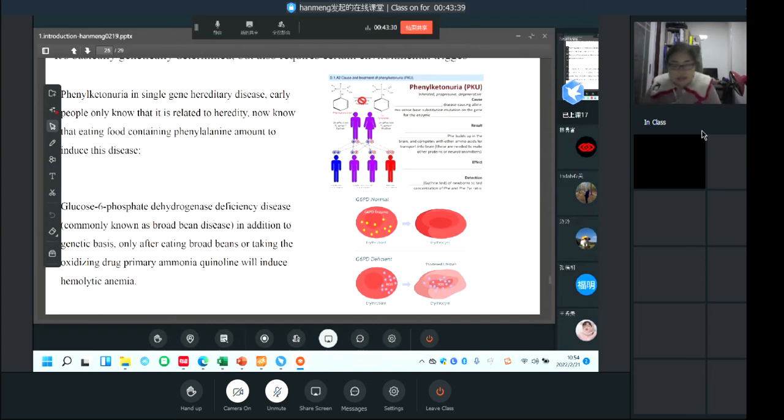It will show the hemolytic anemia phenotype. So if you don't eat broad beans or some specific triggers, then you can also avoid this disease.